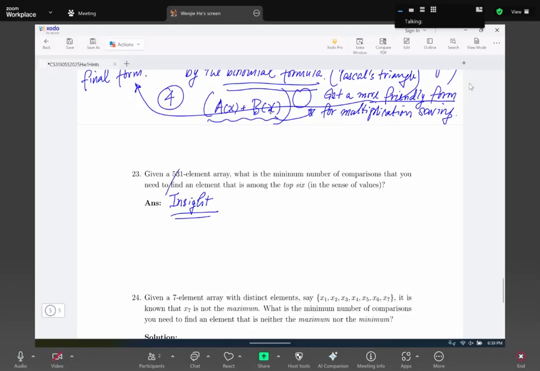That's a common problem. If no insight, you may use too many comparisons. That's the problem.